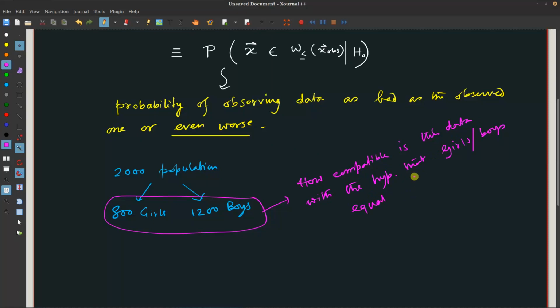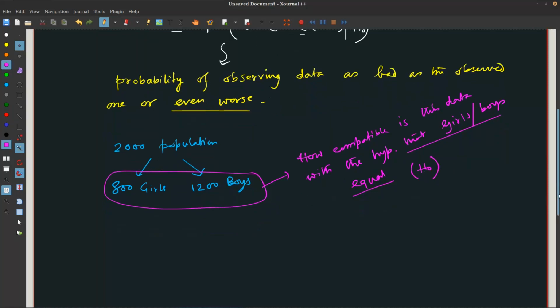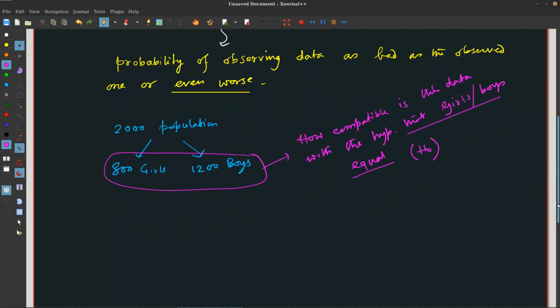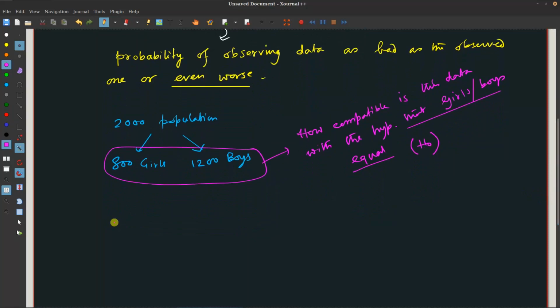This is my hypothesis here. So this idea that girls and boys, the relative fractions would be equal, is my hypothesis H0, and I have to make a quantitative statement of how compatible this data is with this hypothesis.